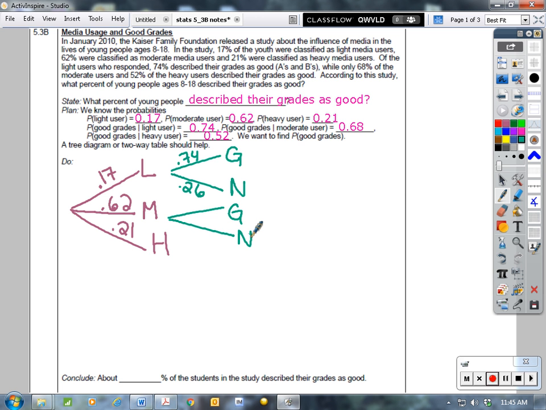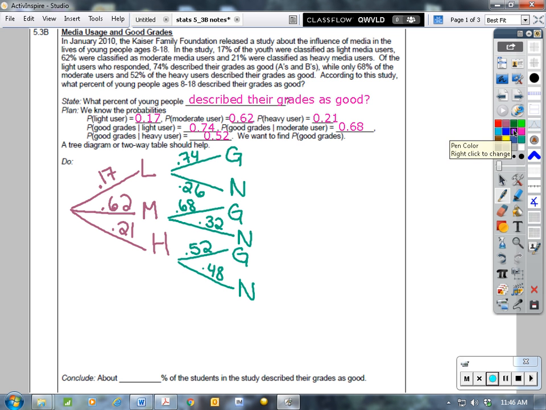So in my moderate users, 68% had good grades, which means 32% did not have good grades. And then I can go to good grades and not good grades for heavy users. So for my heavy users, 52% had good grades, which means 48% did not. And so those are those conditional probabilities.